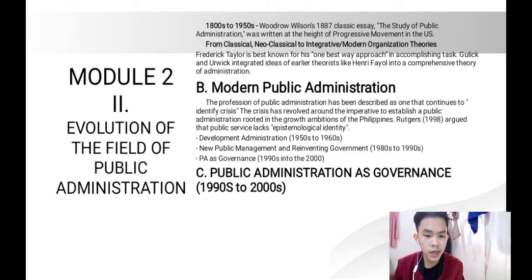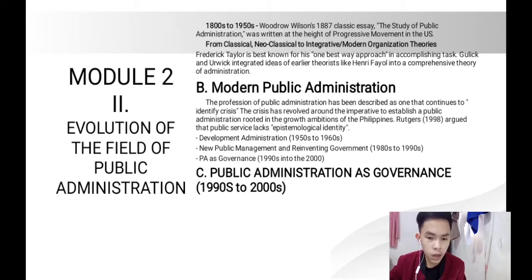It was in that essay that there was a serious claim that public administration should be a self-conscious professional field. Wilson suggested the distinction between politics and administration. For example, administration should be politics-free.